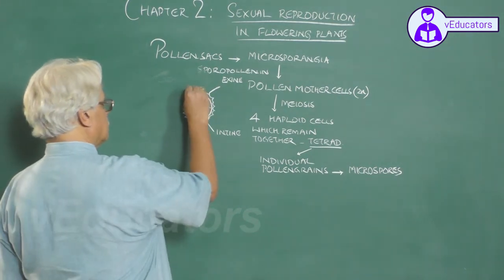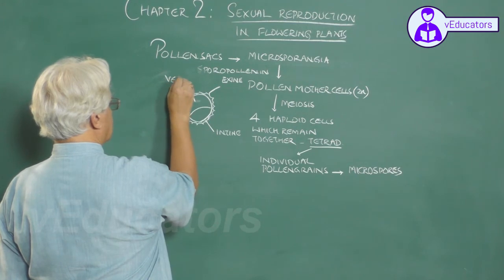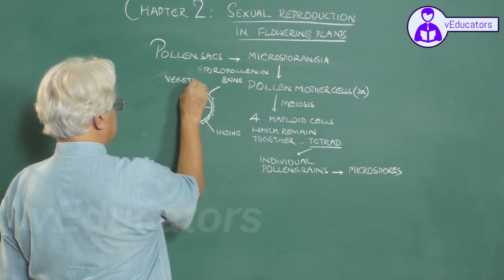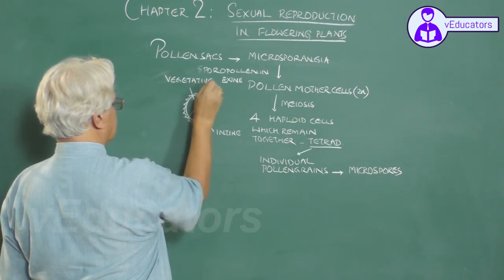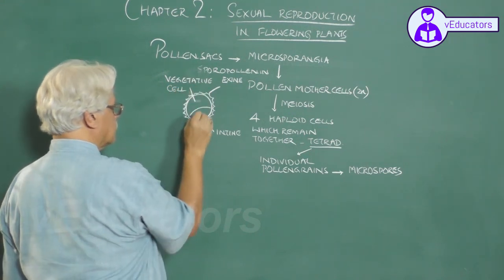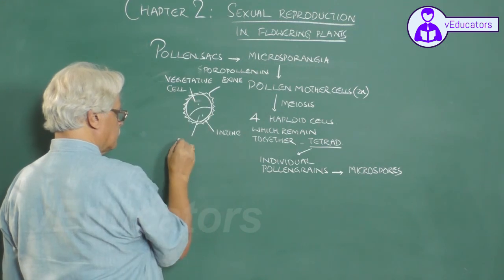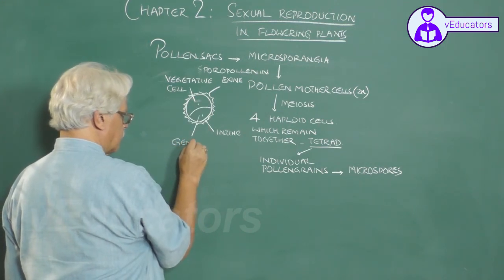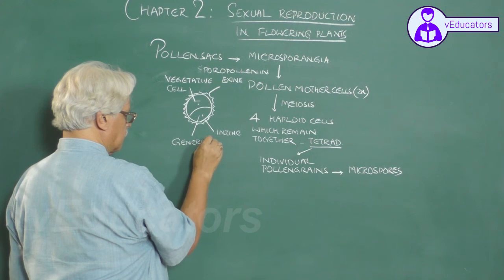The larger one is called vegetative cell and the smaller one is called generative cell.